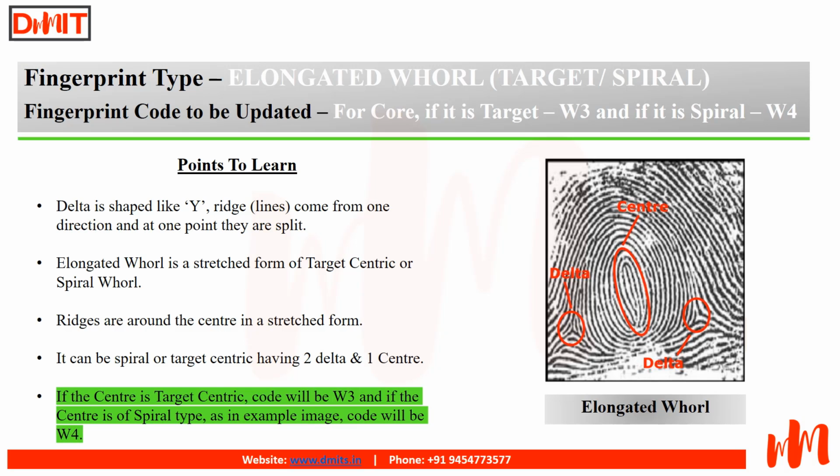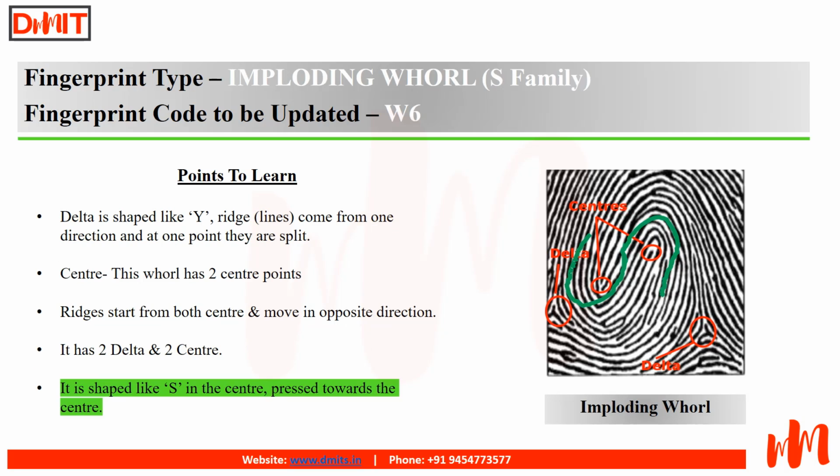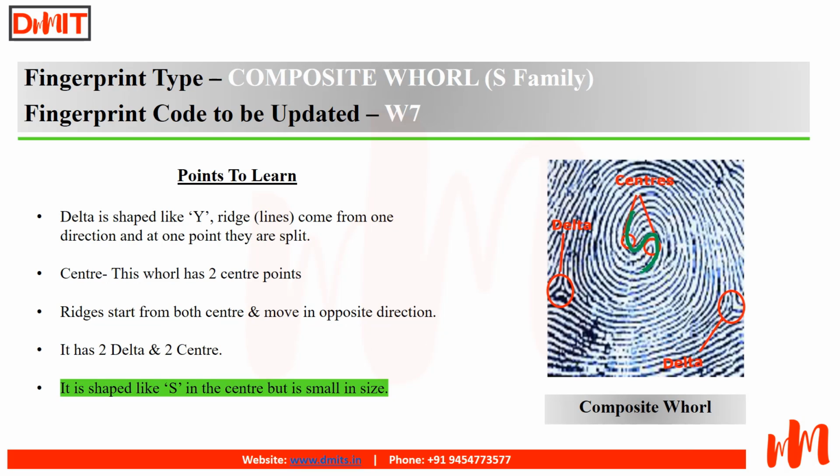This was all about the elongated whorl, right? You can see over here that the S shape that you noticed would be a bit bigger in size in these two cases as compared to composite whorl, right? So this was about composite whorl. The fingerprint code to be updated here is W7.